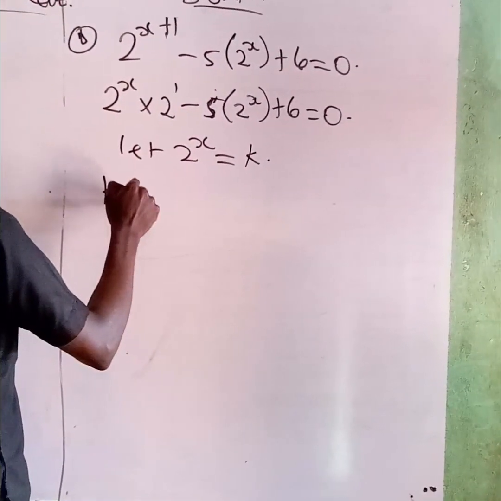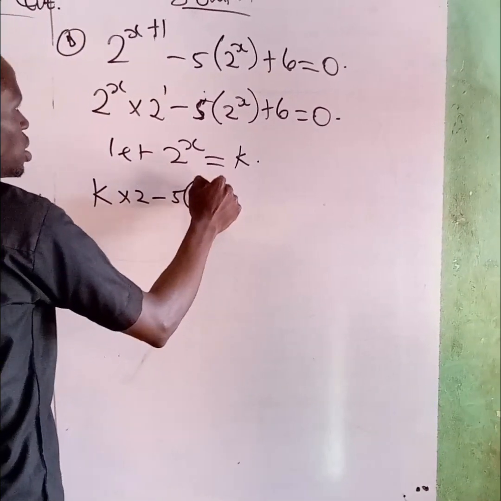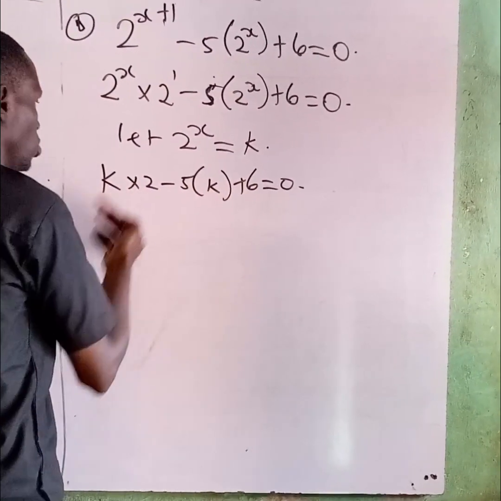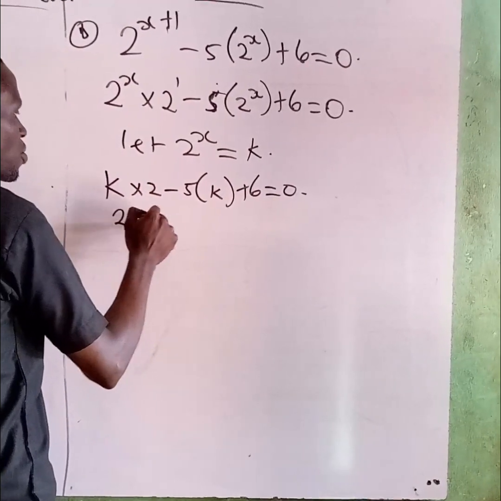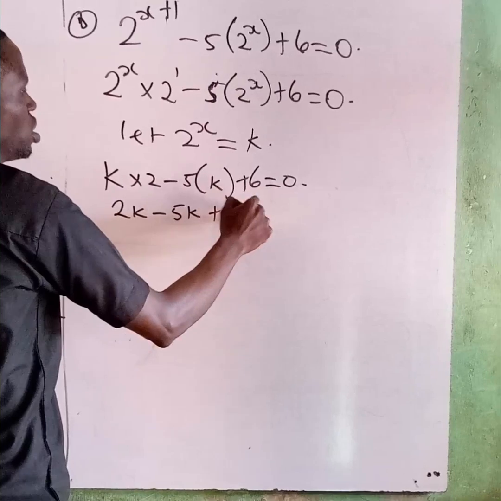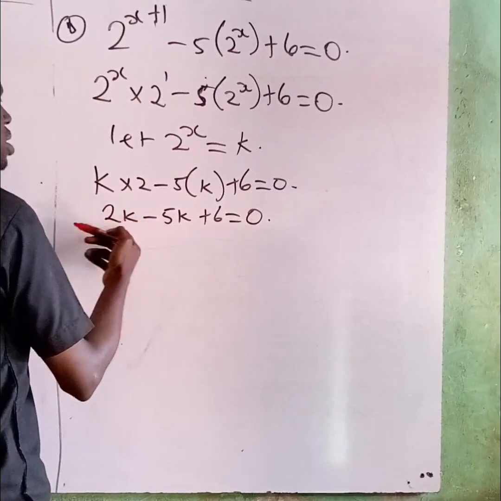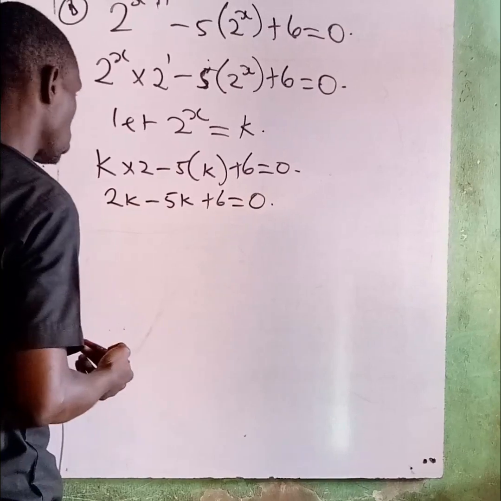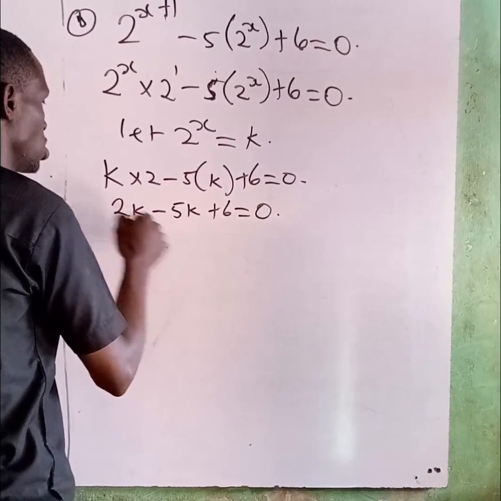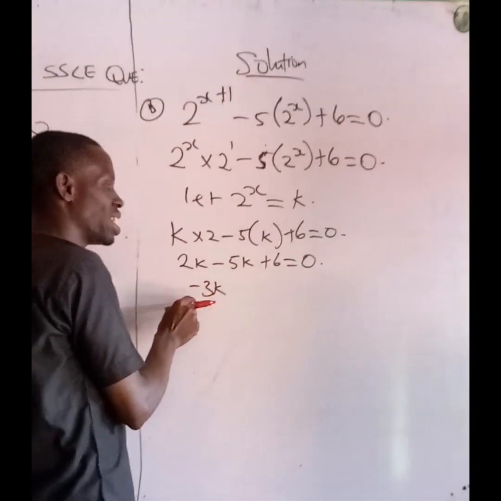So this becomes k times 2 minus 5 into k plus 6 equals 0. K times 2 you have 2k, 5 times k you have 5k, plus 6 equals 0. So subtract this. You have 2k minus 5k will give us minus 3k.